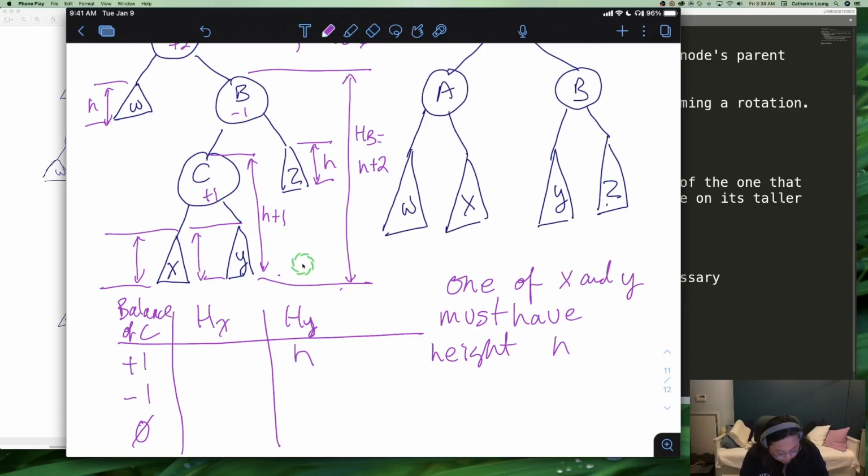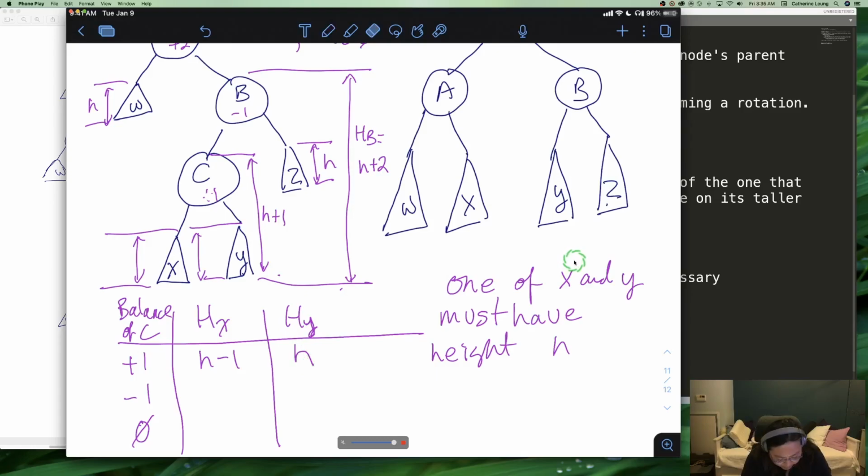So when it's +1, Y is the taller tree, so Y must be h. Now X has to be shorter, so it has to be h minus 1. So even though we allow h to be 0, it can't be 0 if this is +1, because otherwise we would end up with 0 minus 1 here, right?